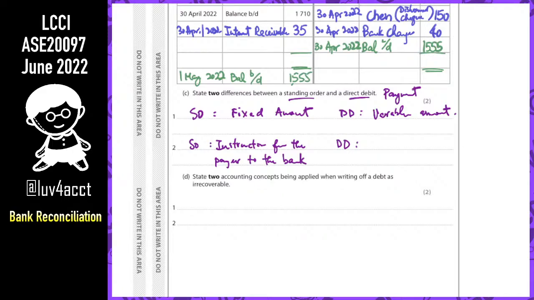That is your instruction to the bank. But for direct debit, it goes the other way around. Of course it is an instruction, but this instruction is actually a permission for the payee to transfer an amount from the bank account.